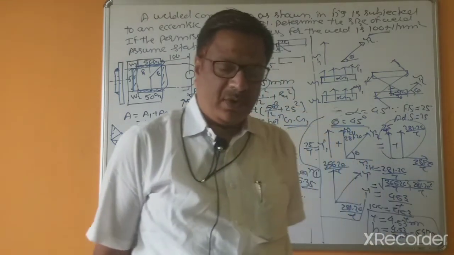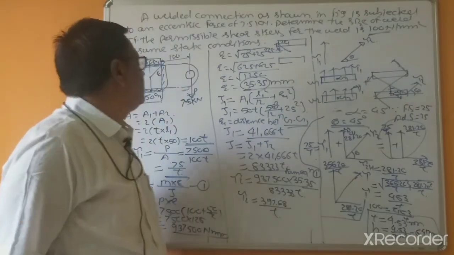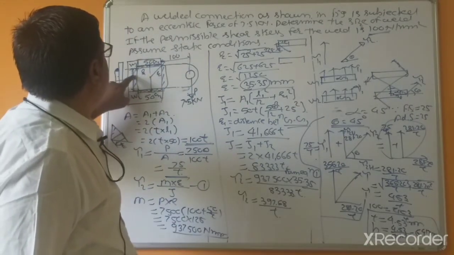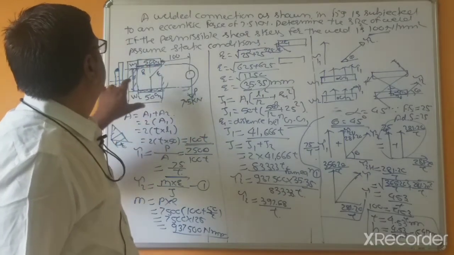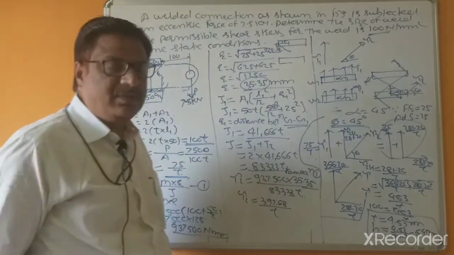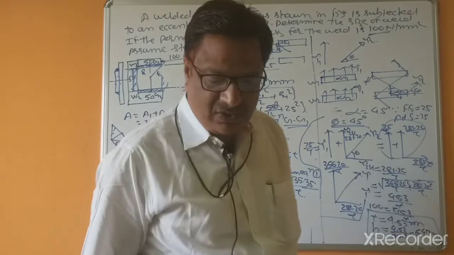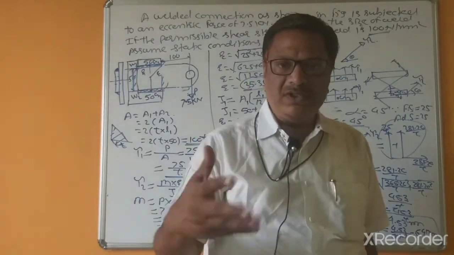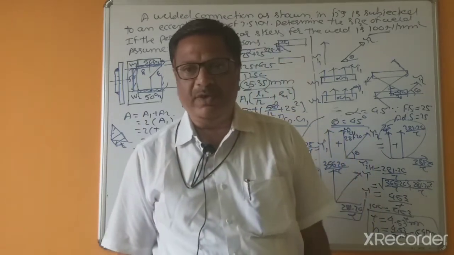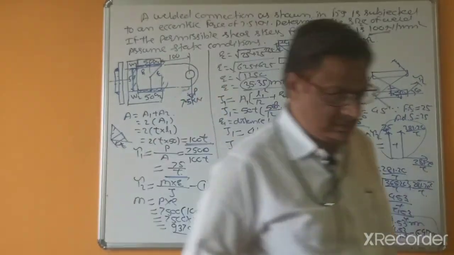So one to two problems related with the eccentric weldings for the C arrangement, and the next arrangements we will see such types and others. If one to two problems I will solve related with the eccentric weldings, and after that we will see welded joints with bending moments. Thank you.